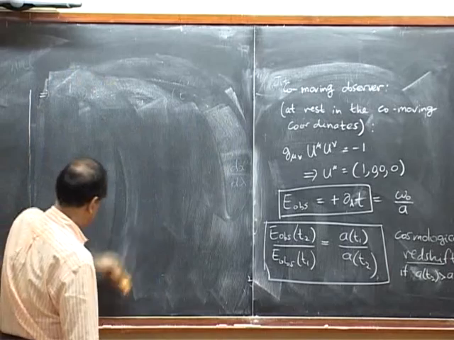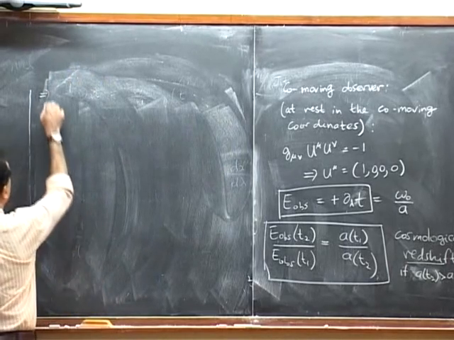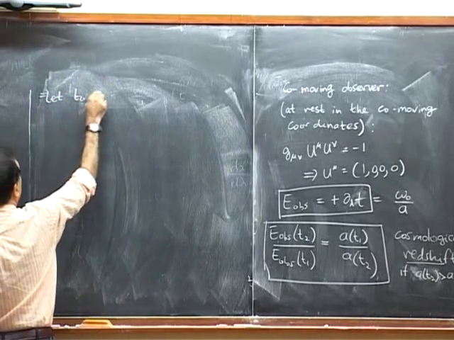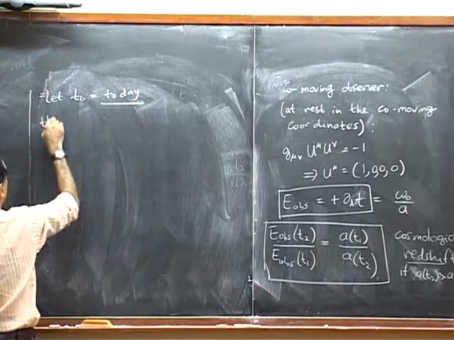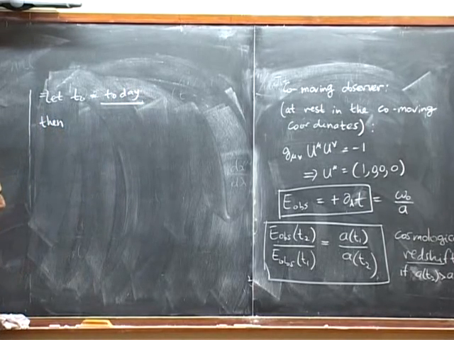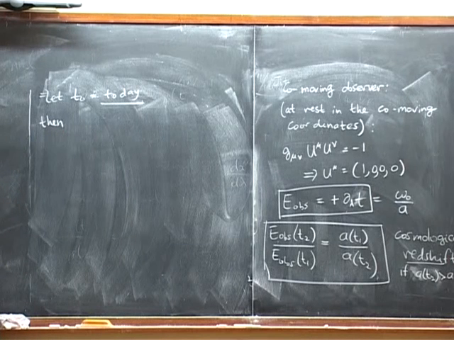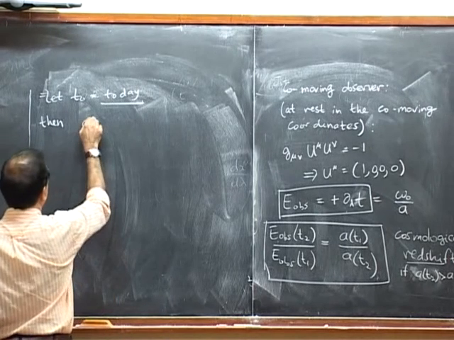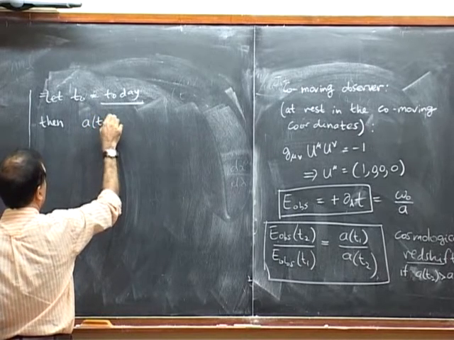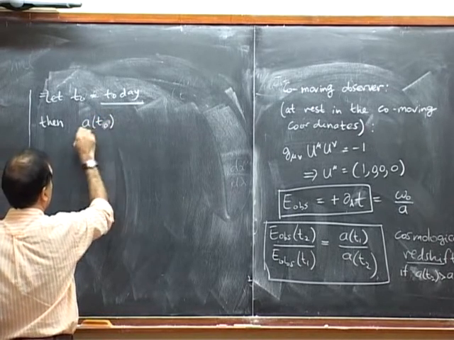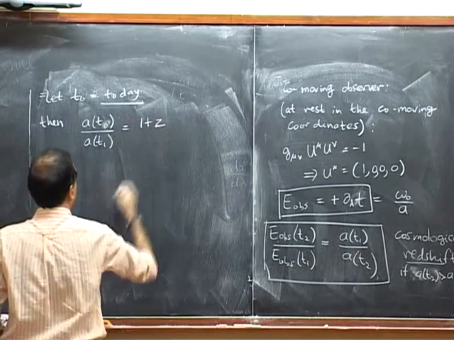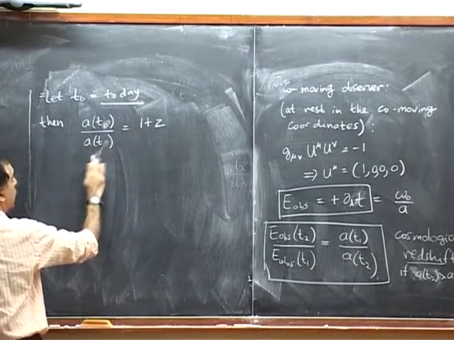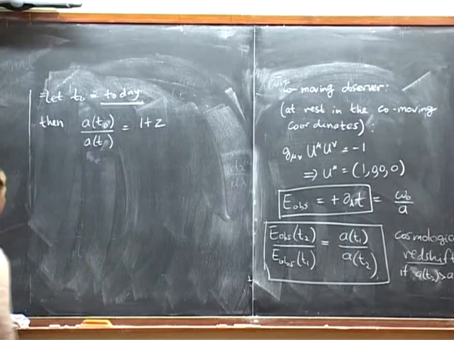So now we can parameterize the redshift as follows. Let T0 equal today. Then the redshift we want to parameterize by writing that A of T2, which is actually T0 now, over A of T1 is 1 plus Z. This is just a change of notation.